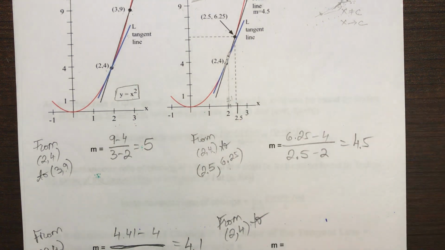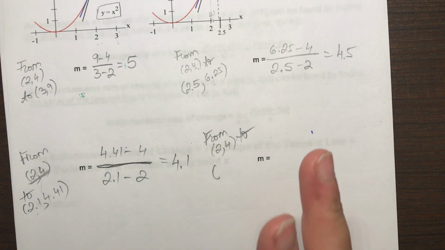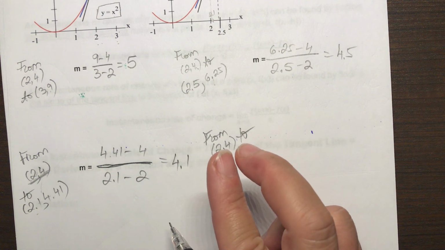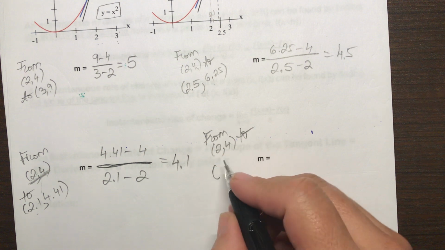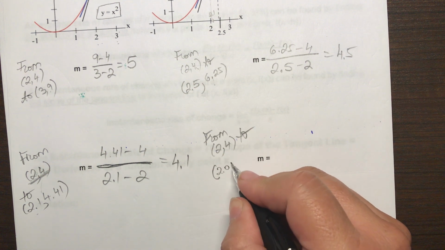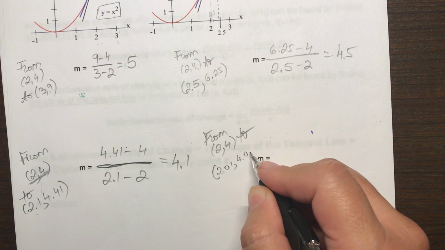All I need is a second point on this graph, right? And draw a secant line through that. All I need is 2 points. So from my original one, don't go too far, right? Pick one that's super, super close to it, right? That's when the approximation would be best. And 2.01 squared is 4.0401.